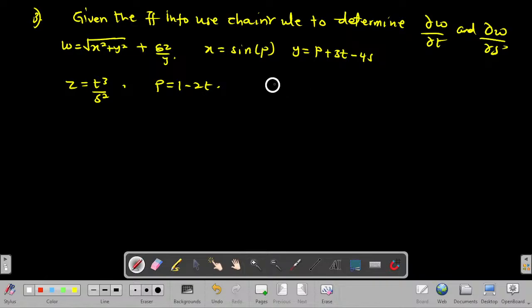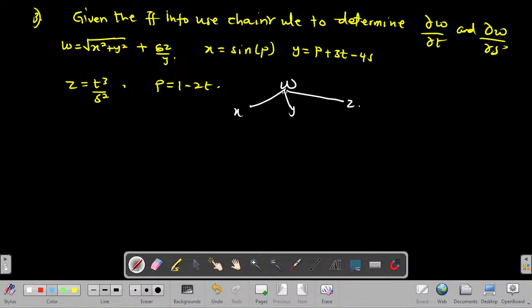So to use a tree diagram, what do you need? W. That is our central node. W contains what? X, y, and z, right? Then the next node is going to be from x. What does x contain?